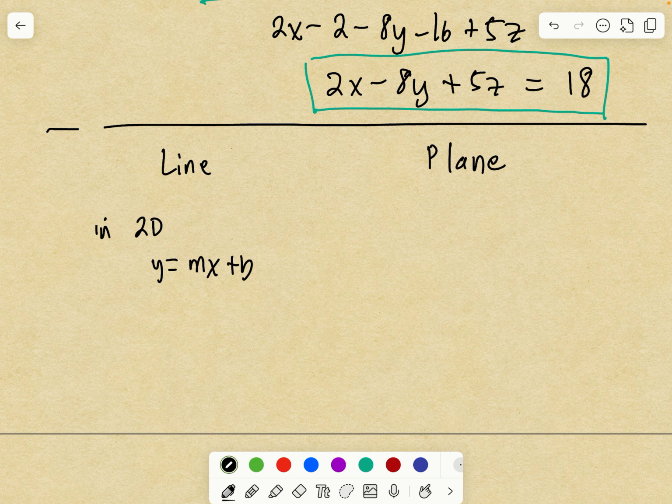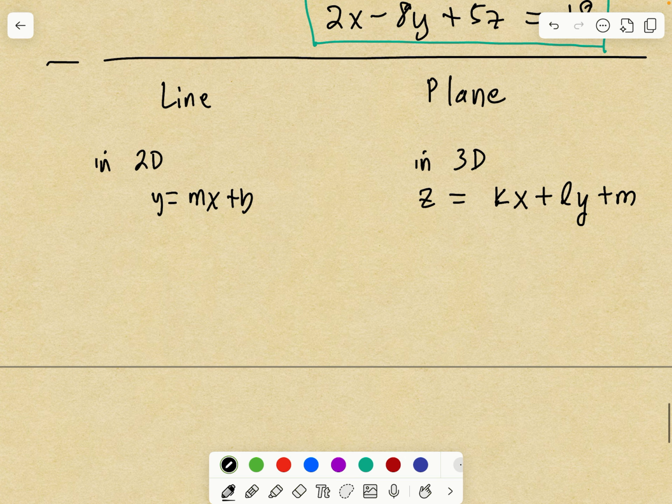And then the analog, in 3D, you're going to have z equals something, like z equals, I don't know what letters to use, kx plus ly plus m or something.